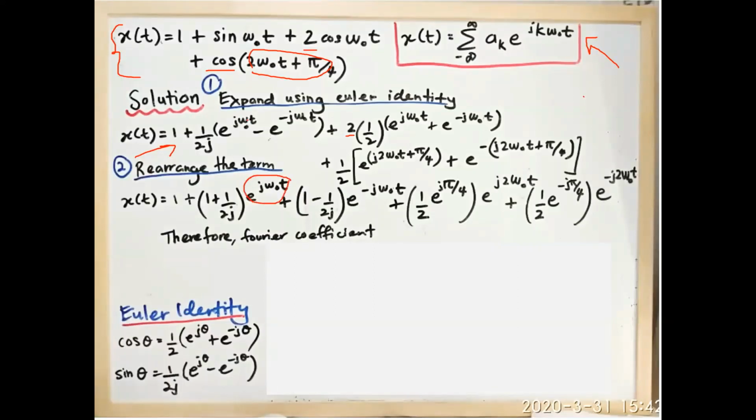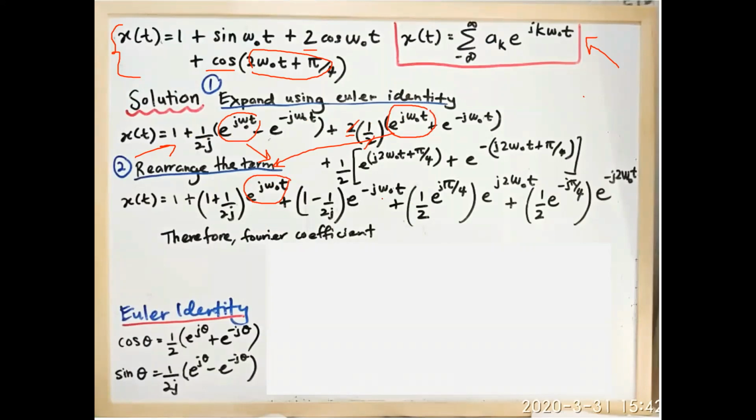So e^(j omega t) is this value and also this value. That's why you will write it as 1 plus 1 over 2j e^(j omega t).